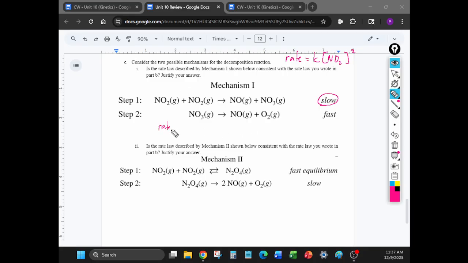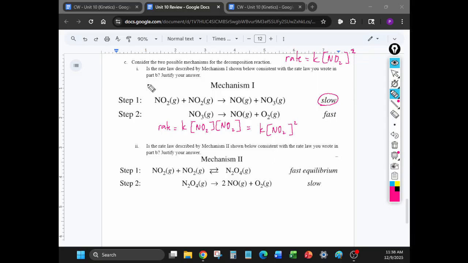The rate law for the slow step is the rate is k, and then there are 2 separate molecules of NO2. So we're going to write that down. Now, if we simplify this, what do the NO2s turn into? NO2 squared. So does this match with the rate law we proposed?